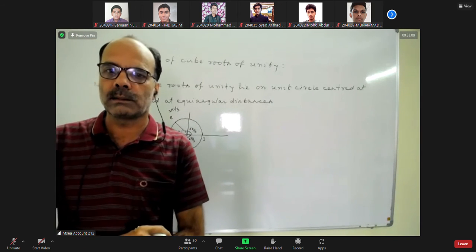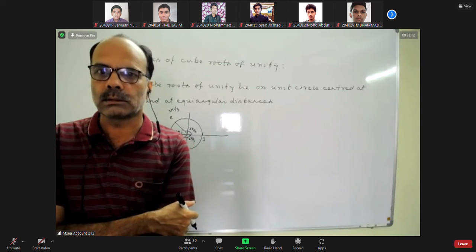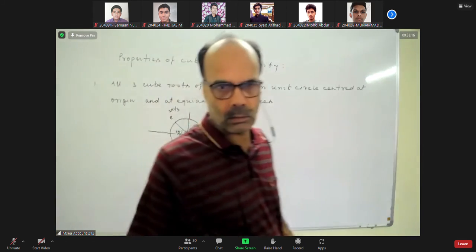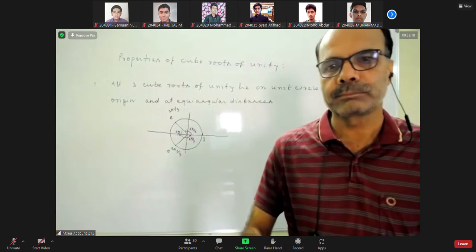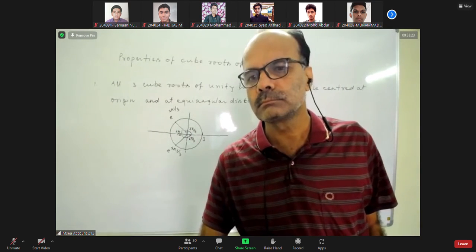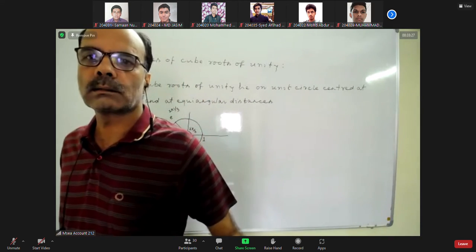All 3 cube roots of unity lie on the unit circle centered at origin and at equiangular distances.